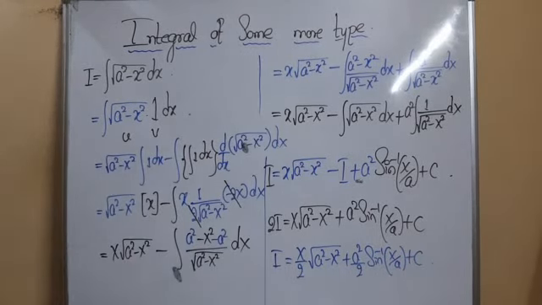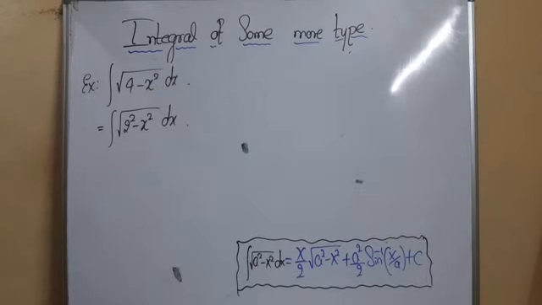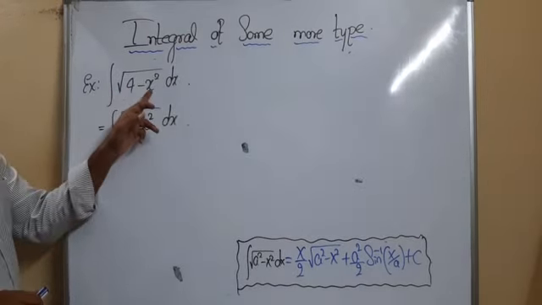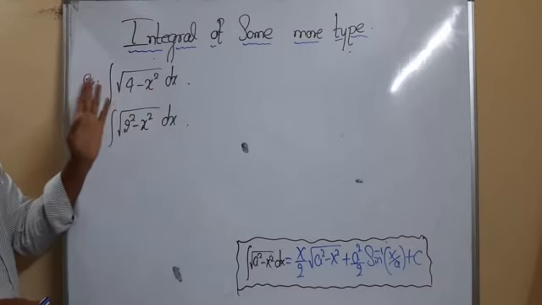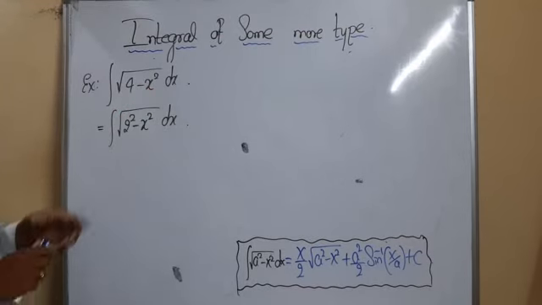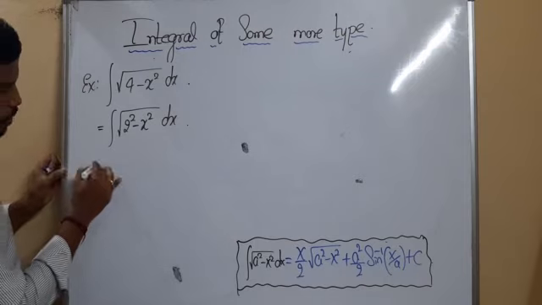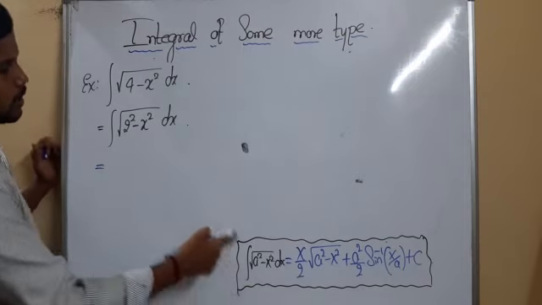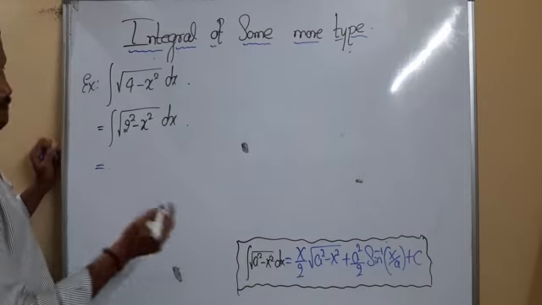Got the point clearly? Observe the example. Integral of square root of 4 minus x square is there under root. Under root as it is, 4 can be written as 2 square minus x square, which means I can apply this formula. In the place of a, 2 is there. In the place of x, x will be there.